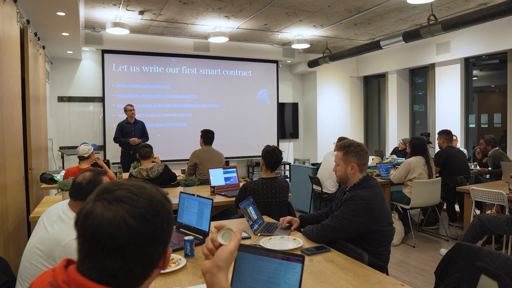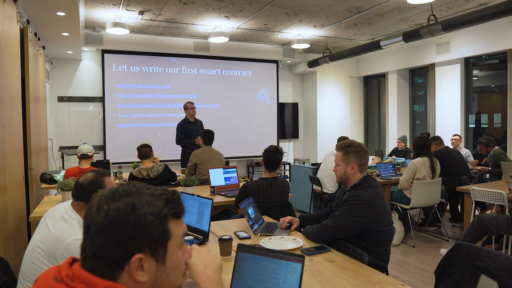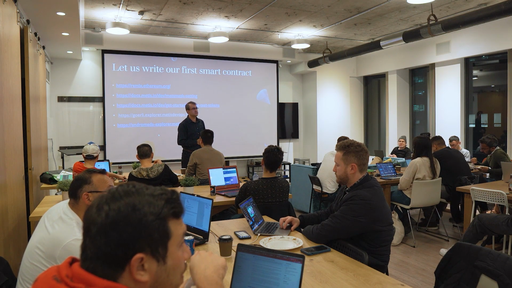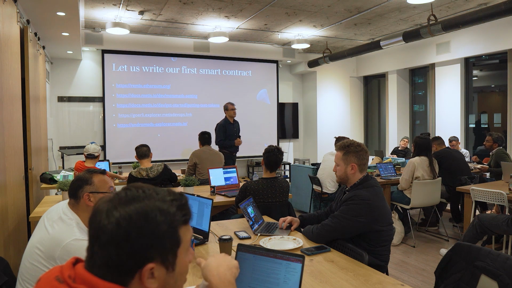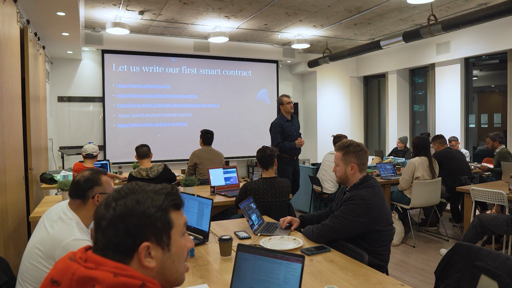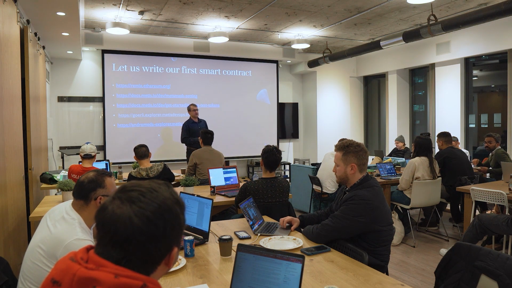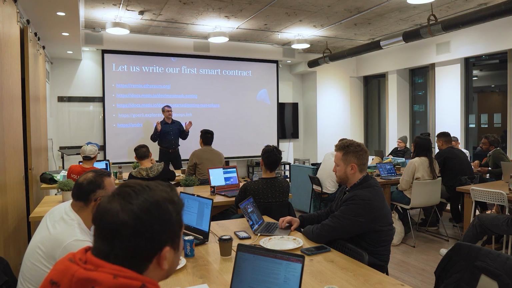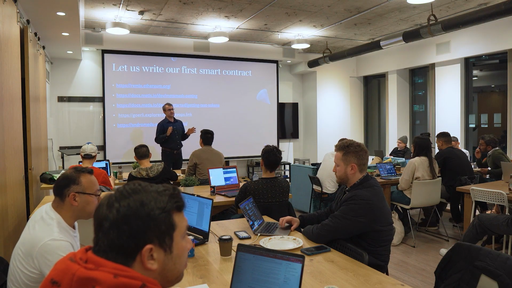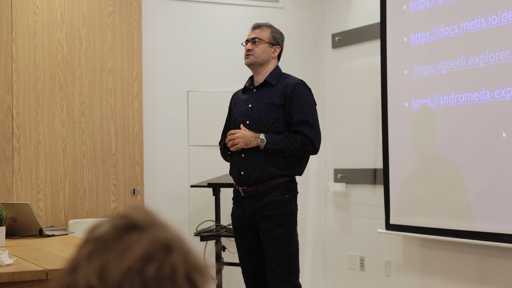Yeah. I have one question regarding MetaMask. Do you consider MetaMask as a light node or full node? On the full blockchain, MetaMask is not a node. MetaMask is a wallet. A wallet is something where you keep your tokens.